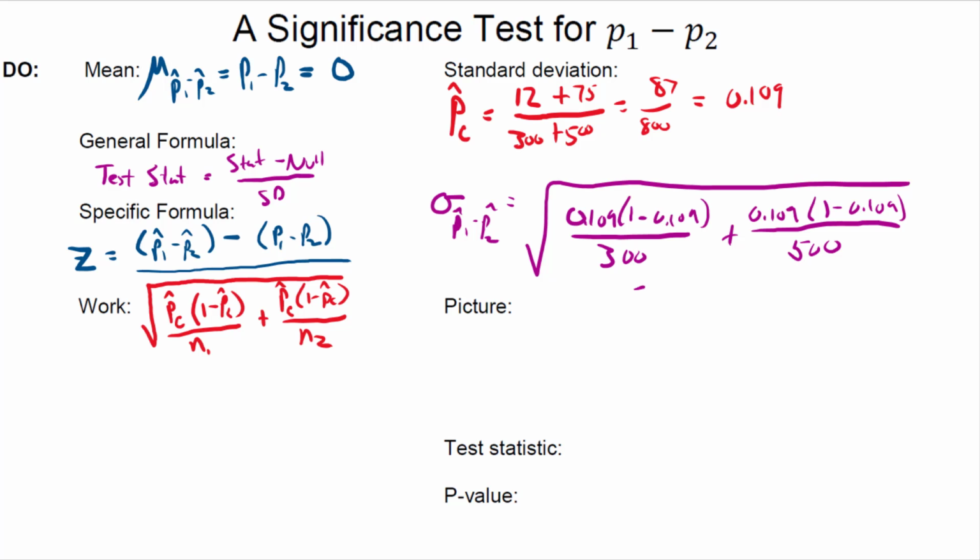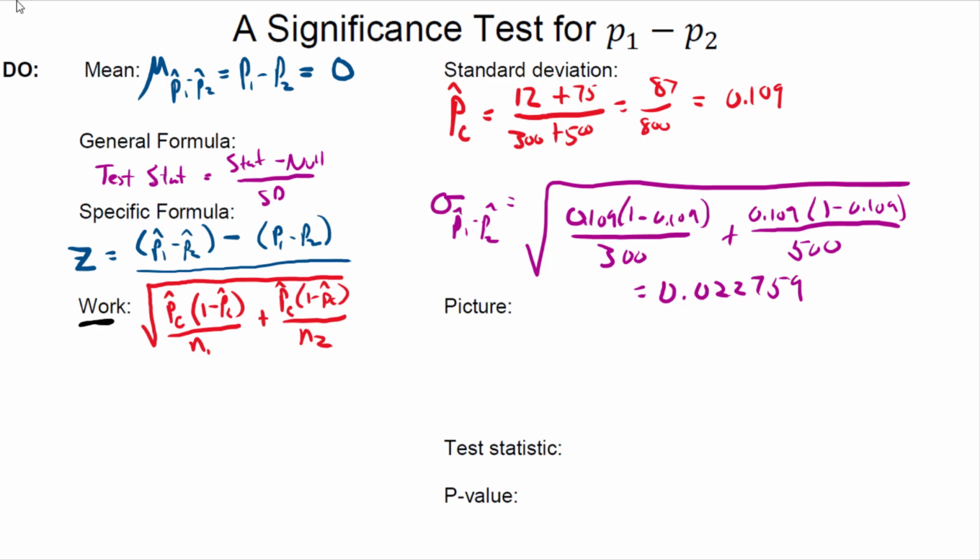And what does that give us? That gave me 0.02279.